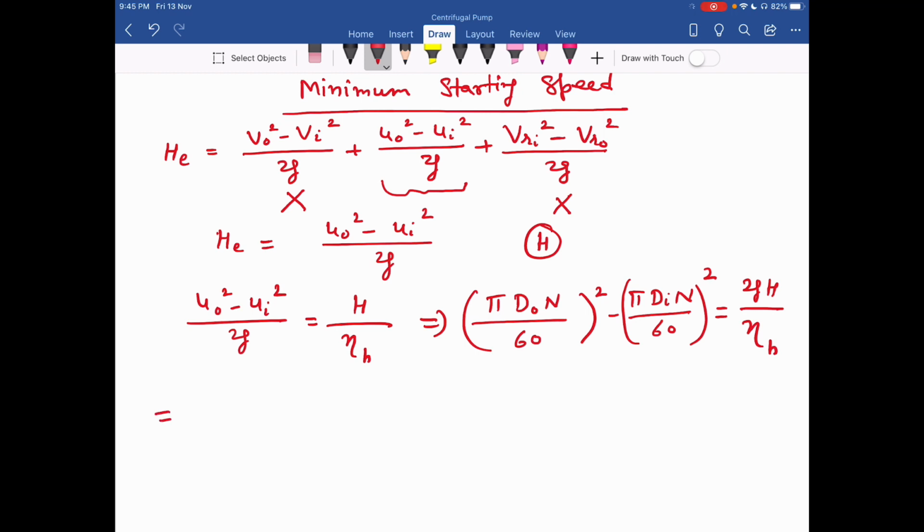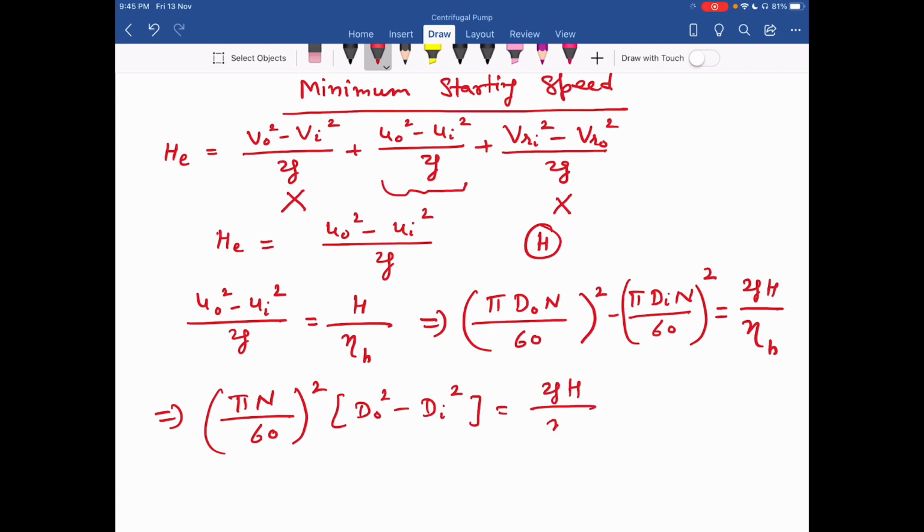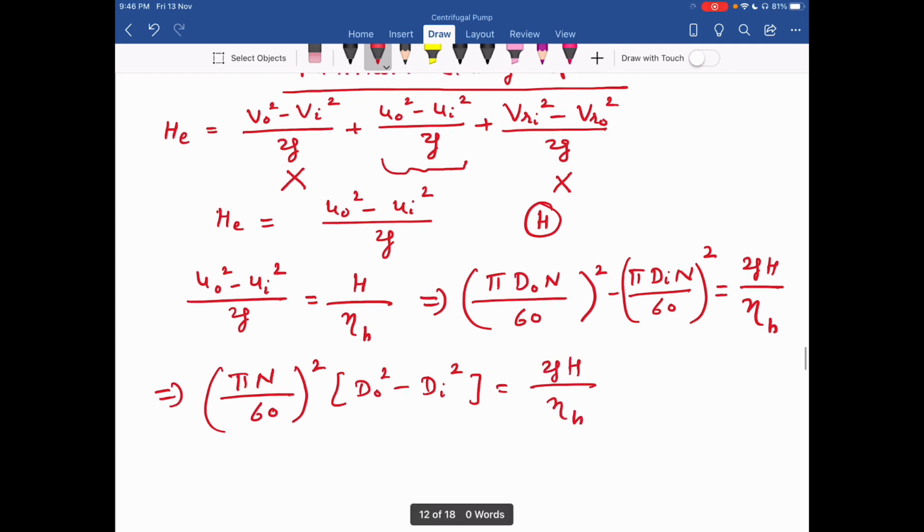Now further from here I can write (pi N upon 60) square into (Do square minus Di square) equal to 2gH divided by hydraulic efficiency.